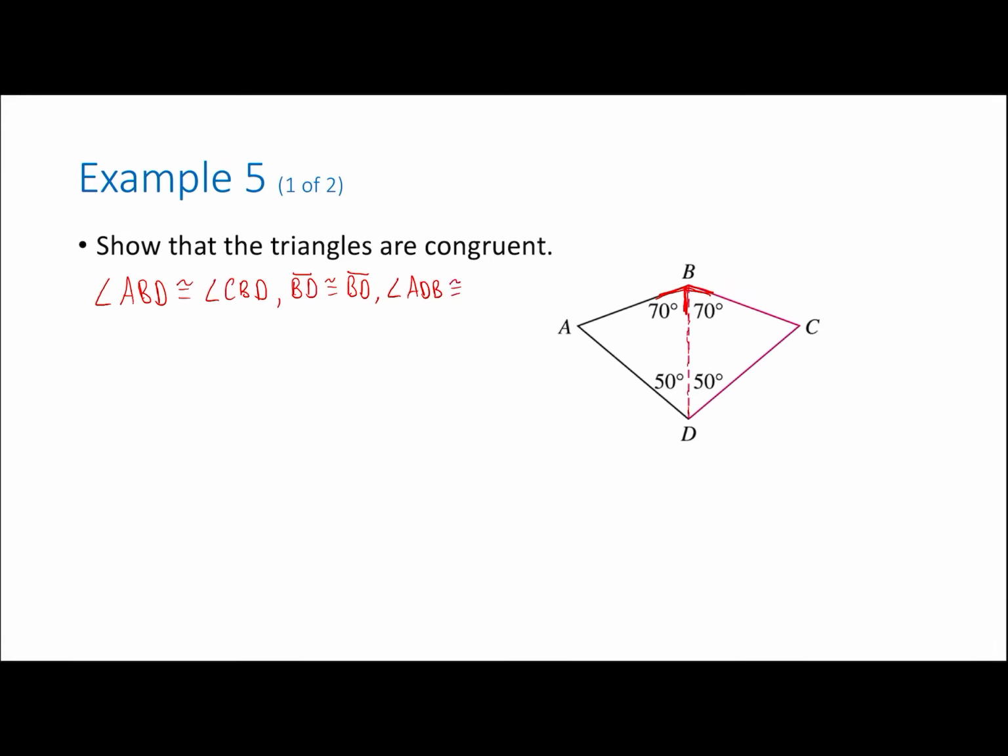Angle B in both of these correspond together because they're the same, so the order of those letters is BD for both of those. And then we also see, it's given to us, that angle ADB is congruent to angle CDB.